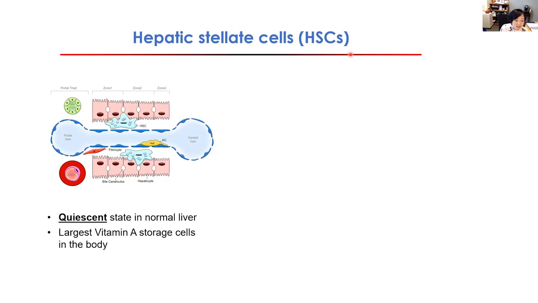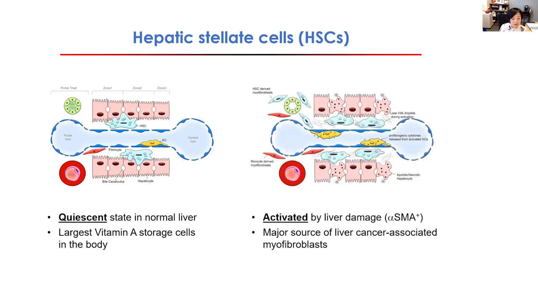They are actually the largest vitamin A storage cell in the body. But these cells are very, very sensitive to liver damage. So once some kind of damage occurs, either induced by non-malignant stimuli or just by tumorigenesis, they will activate, and they will start to express this mild fibroblast marker, smooth muscle actin. And indeed, in liver cancer, people have done very sophisticated lineage tracing studies, and found that HSCs, stellate cells, are the major source of liver cancer associated myofibroblasts.